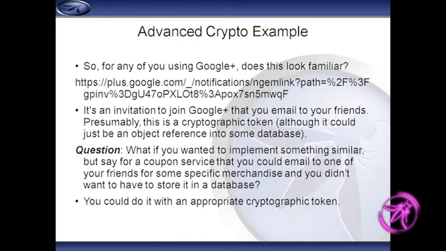So there's a related question. If you wanted to implement something similar, but for a coupon service that you could email, how would you do that? Well, you could do it if you had the appropriate cryptographic token.